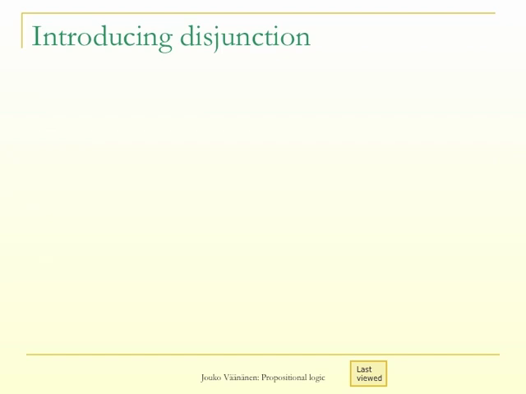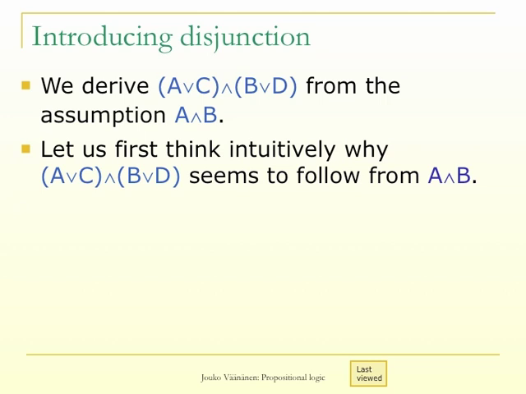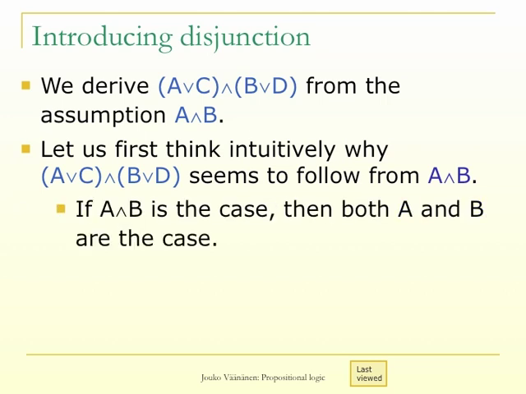Introducing disjunction. We derive (A or C) and (B or D) from the assumption A and B. Let us think intuitively why (A or C) and (B or D) seems to follow from A and B. If A and B is the case, then both A and B are the case.